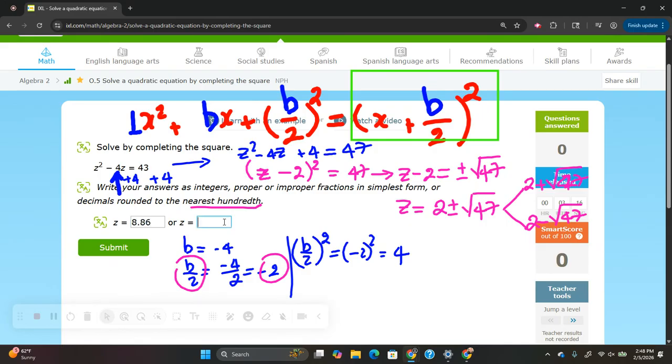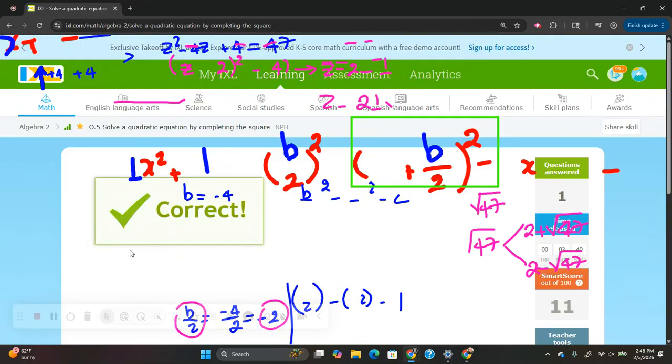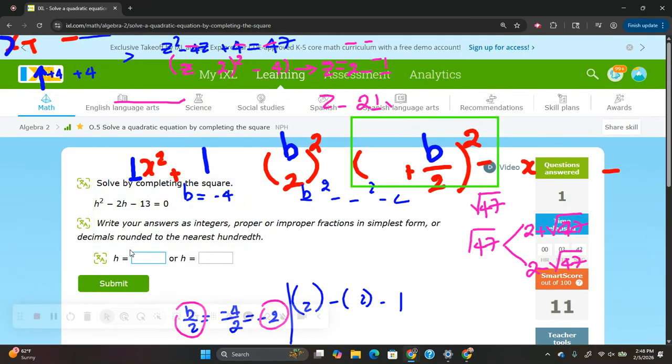The second answer, I do 2, but this time I subtract square root of 47. I come out negative 4.86. Okay, submit. Voila. You guys got that?